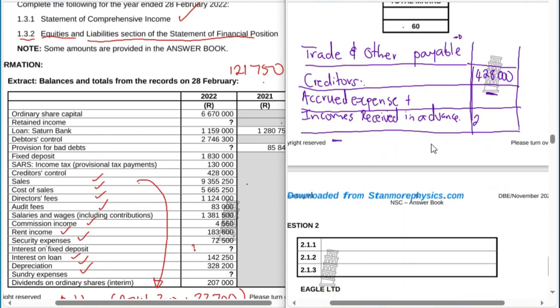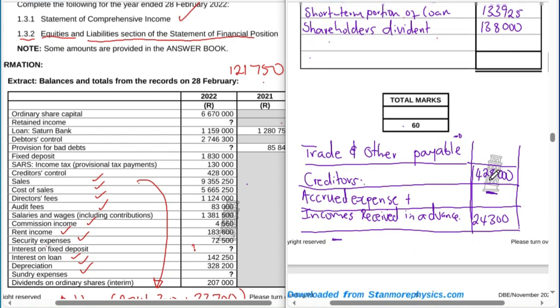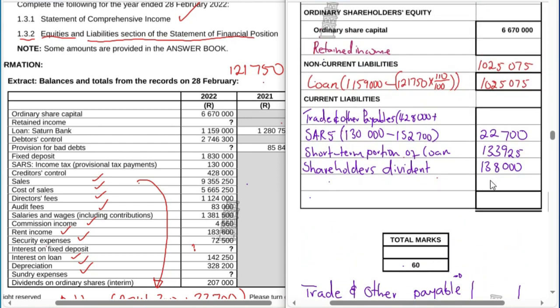24,300, and then now we can do what? We can record. And then without wasting any time, we can put our calculation. 428,000 plus 24,300.